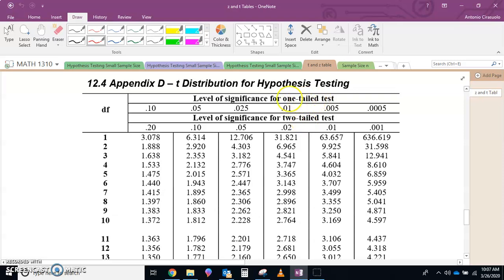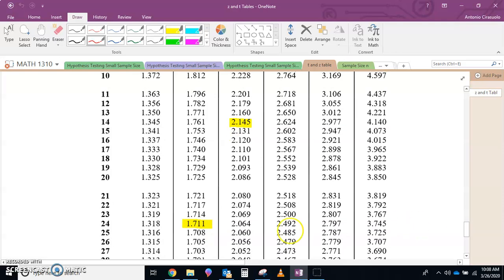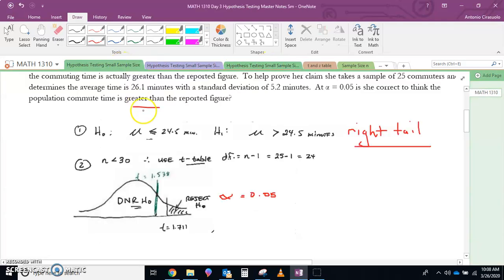It's one tail where the alpha is 0.05, and then we go down that column to 24 for degrees of freedom, and you can see you've got 1.711 for the critical value. So that's where that number comes from.